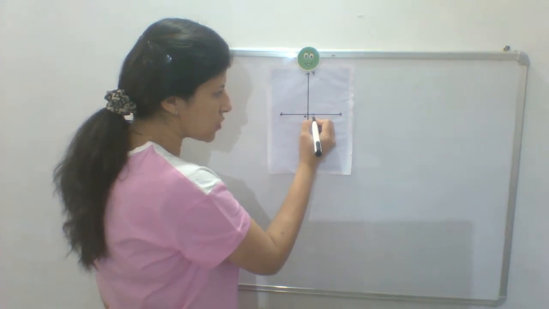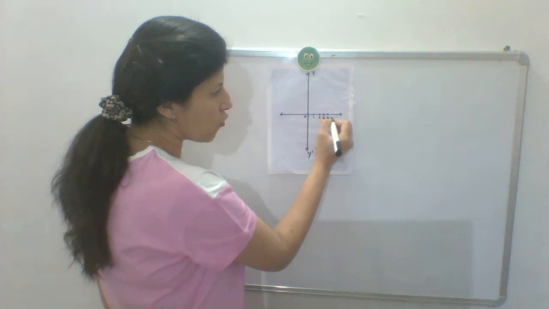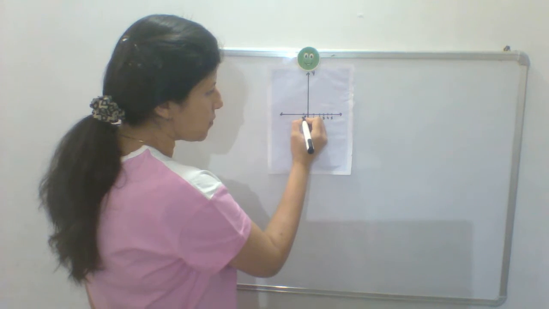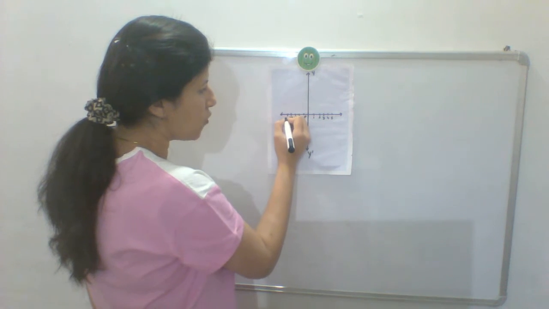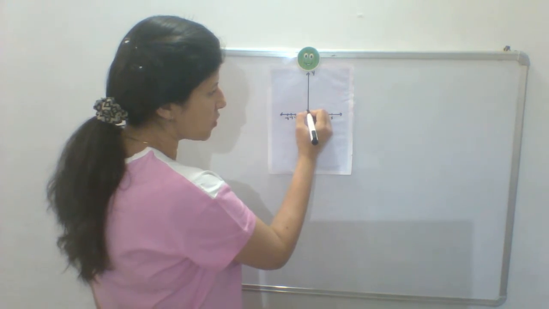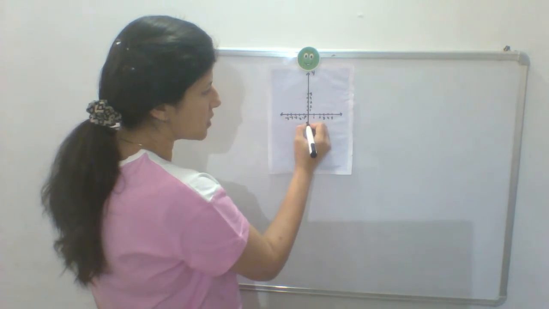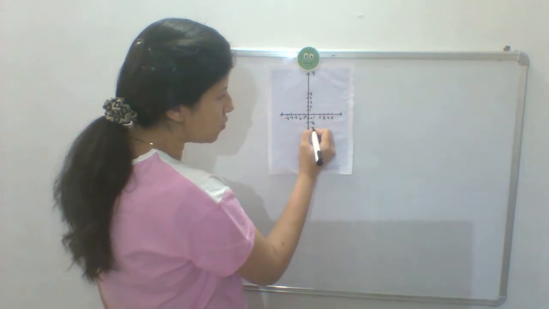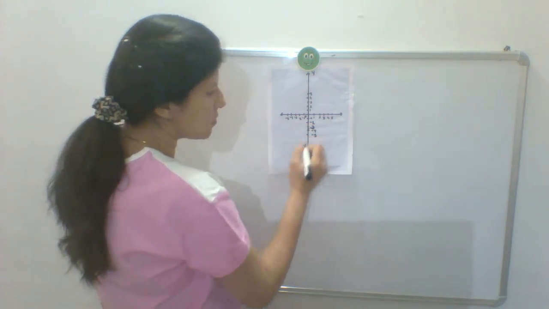This is positive x-axis 1, 2, 3, 4 and 5. This is negative x-axis -1, -2, -3, -4 and -5. This is positive y-axis 1, 2, 3, 4 and 5. This is negative -1, -2. This is -3. This is -4 and this is -5, right?